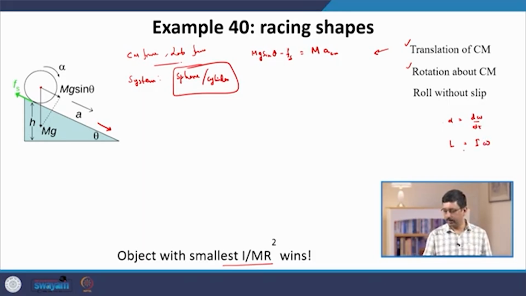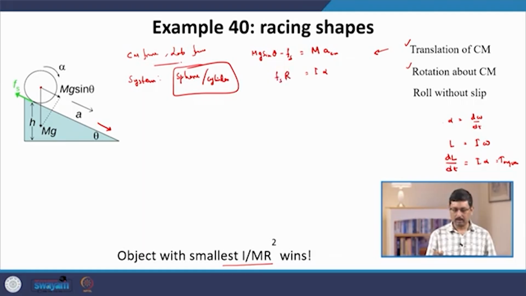So, dL dt, which represents the torque on the object, is given by I alpha. What is the torque on the object? The torque is just Fs times r, where r represents the radius.